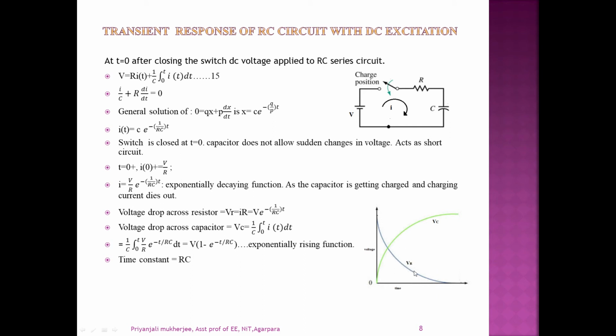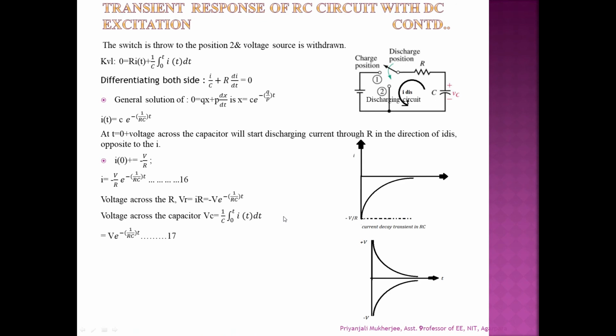In this graph, we can see that VC, the drop across the capacitor, starts from 0 and goes to the final steady state value, and the drop across the resistor decreases exponentially. The time constant in this case is RC. So in the RC series circuit, the time constant is RC.